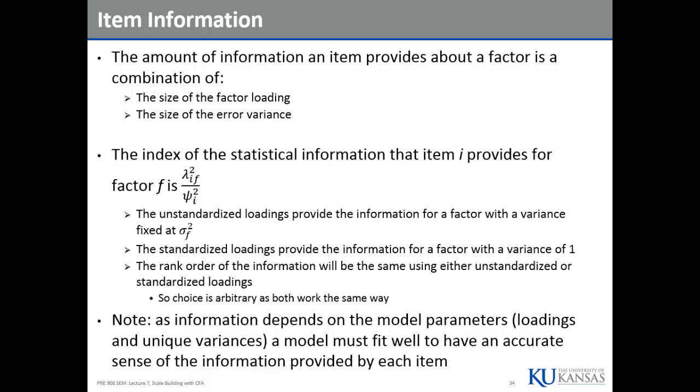So some items are more informative for people at different levels of the factor, which enables the use of a computerized adaptive test, because for some people it can shorten the test form. If you're a high ability person, you only take items that are informative for your high ability. In this case, it'd be like having a person with high gambling tendency. We only give them the items that were really informative at that point.